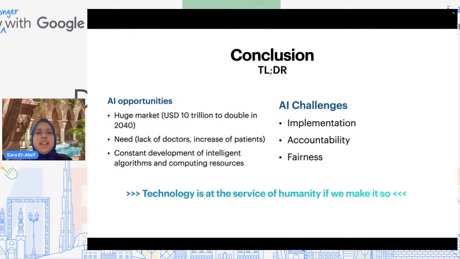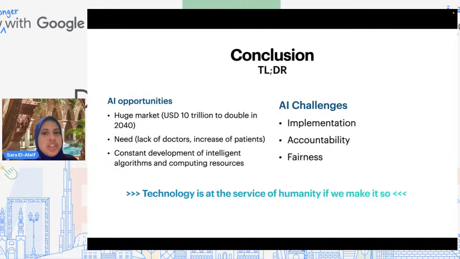And what is really cool is that these intelligent algorithms are in constant development, as well as computing resources. So we're trying to find ways to deploy these huge models into digitalized systems that can handle them and serve them quickly, so that we can get a response way quicker than we usually did before.